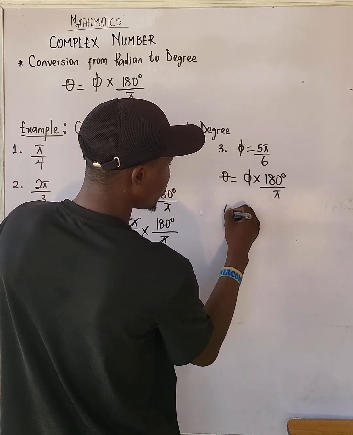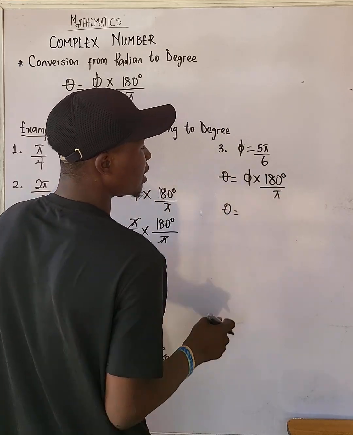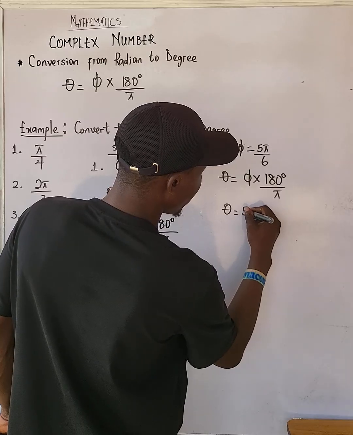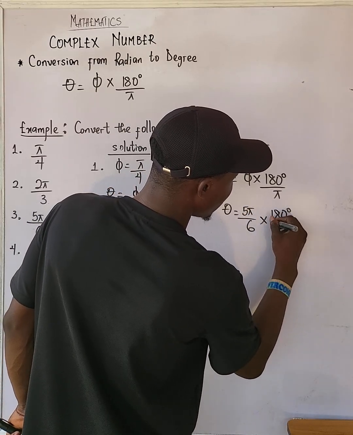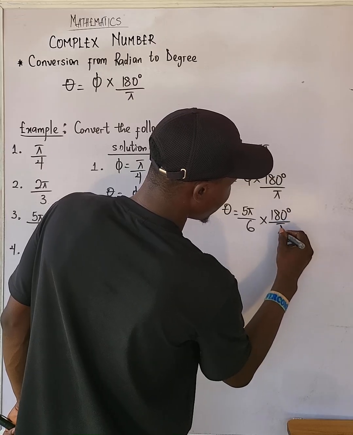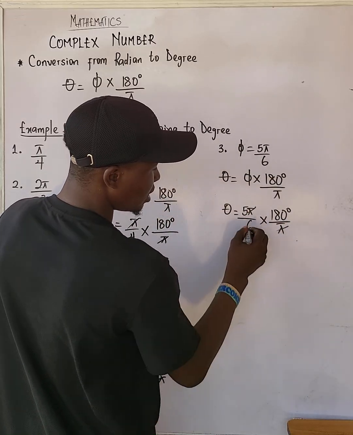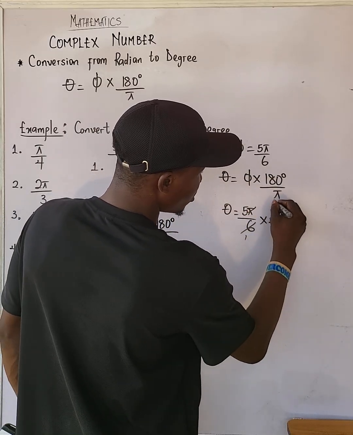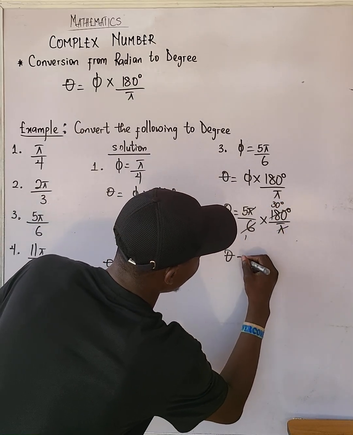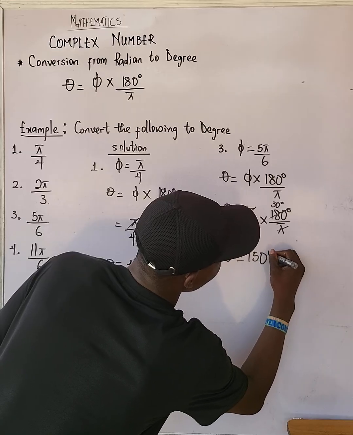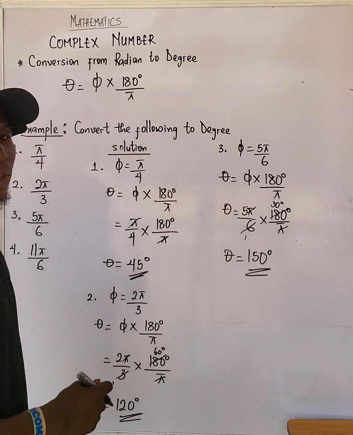So our theta will now be 5 pi over 6 multiplied by 180 degree over pi. Pi will cancel pi. 6 into 180 will give us 30 degree. 5 times 30 degree will give us what? Our theta will be 150 degree. Do you understand?